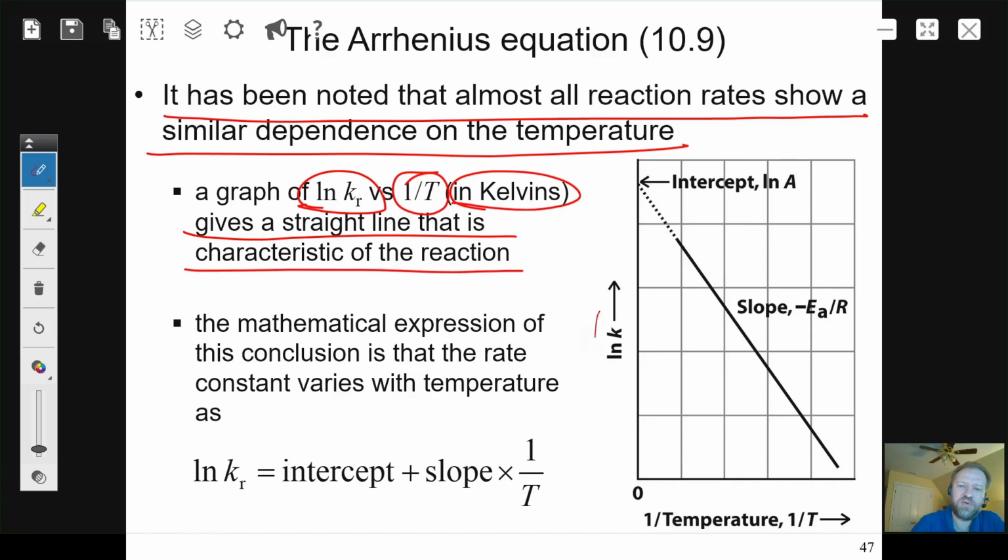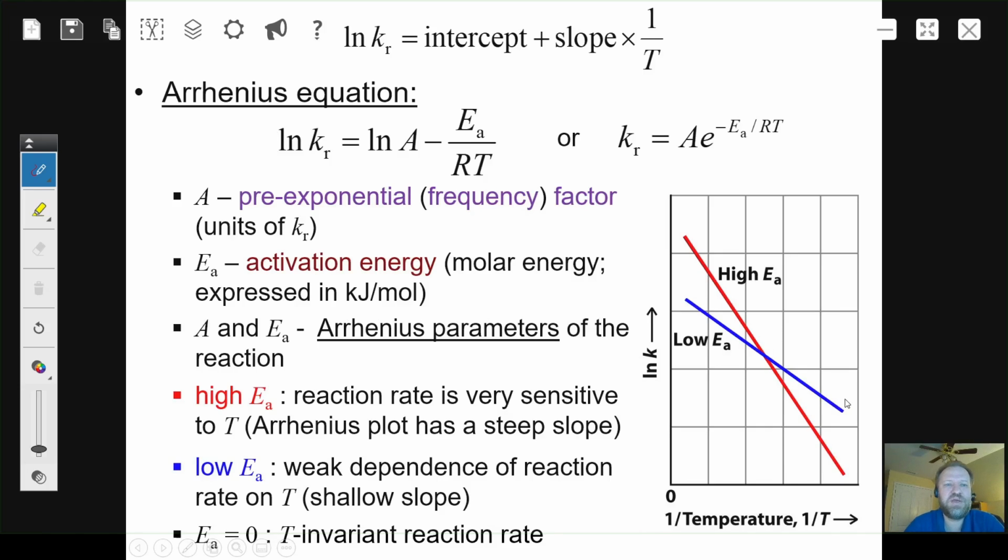So again, the plot of the natural log of the rate constant as a function of inverse temperature, in inverse kelvin, should give us a straight line. Now the mathematical expression is given by the so-called Arrhenius equation.